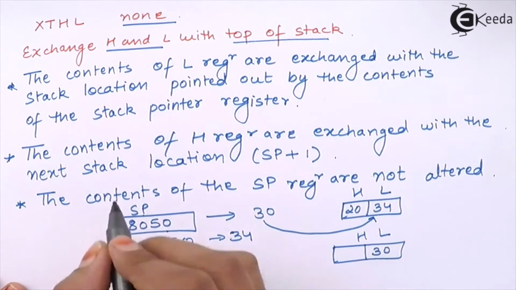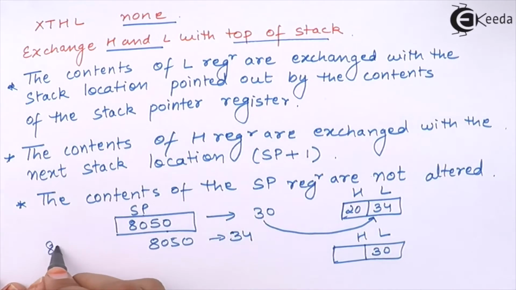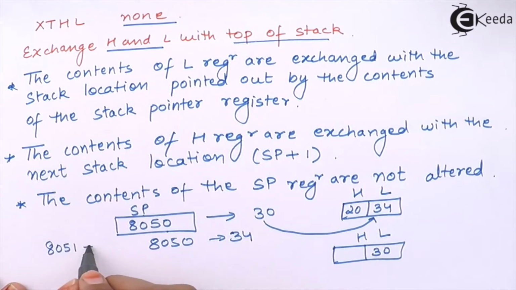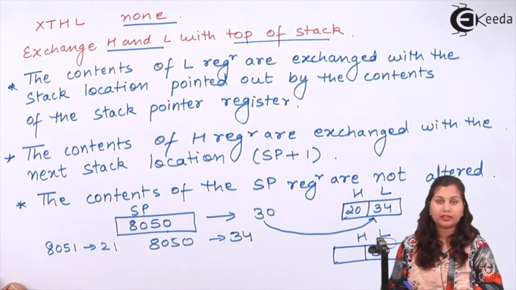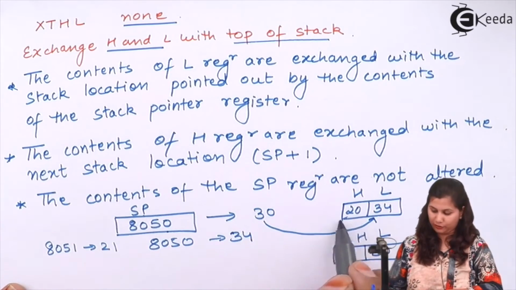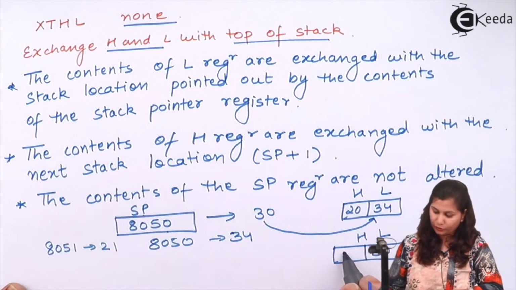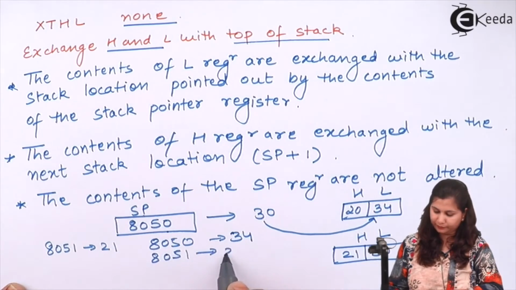Now at the next memory location, SP plus 1, that is 8051, suppose we have 21. Then this 21 will be exchanged with the H register. So 20 will come here and 21 will go there. So we will have 21 here and this 20 will come at 8051.